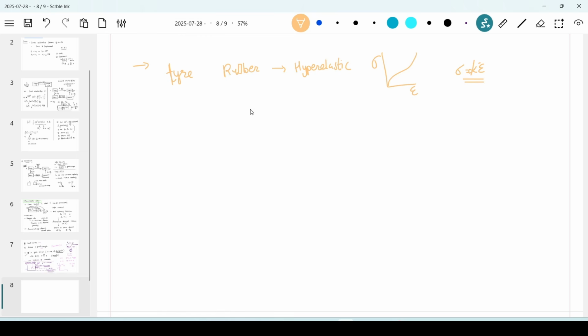Then contact, we will discuss. Contact is a type of non-linearity. Then you take any plasticity problem where the stress is more than yield strength, that is a non-linear analysis. Like in metal forming and different forging applications, all those undergo plastic deformation, so that is non-linear analysis.